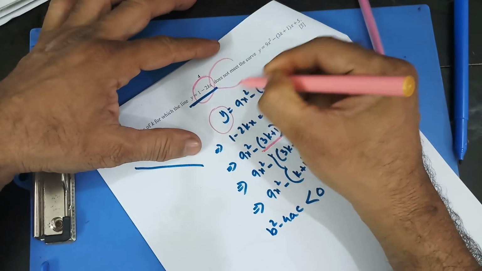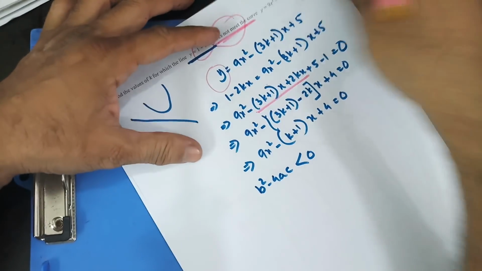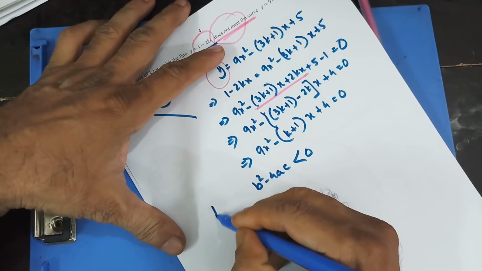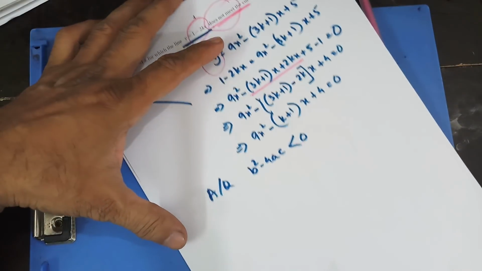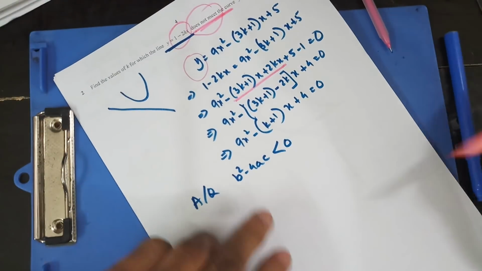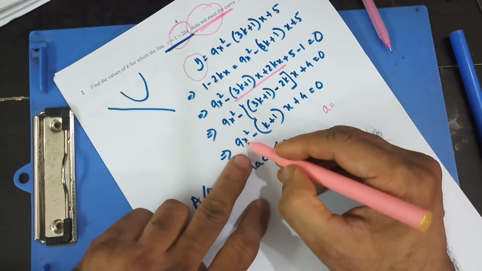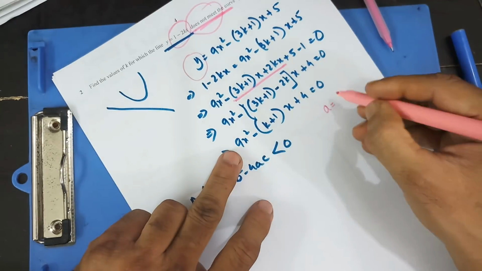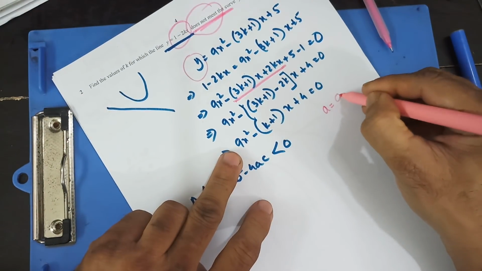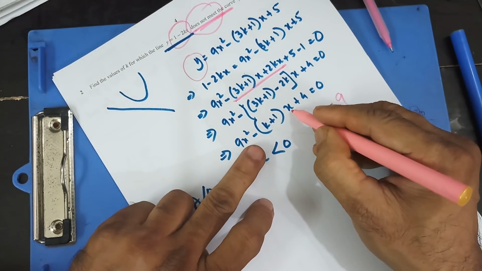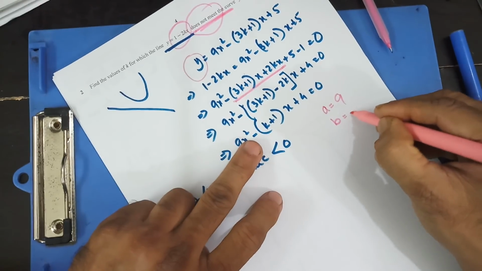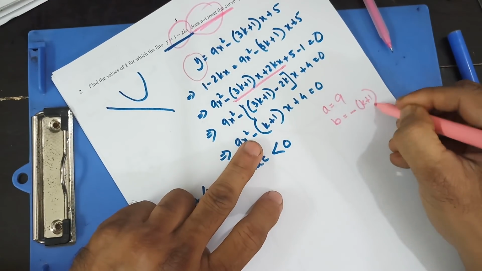So it says that they do not meet, does not meet. See that? This is the phrase you need to be careful of. So according to the question, they do not meet. What is the value of a over here? The value of a is the coefficient of the highest power of x, and that in this case is 9. And b is the coefficient of x, and that's going to be minus (k plus 1).